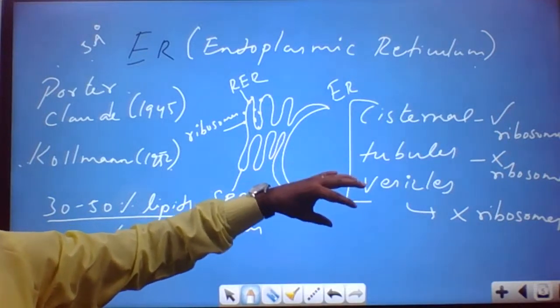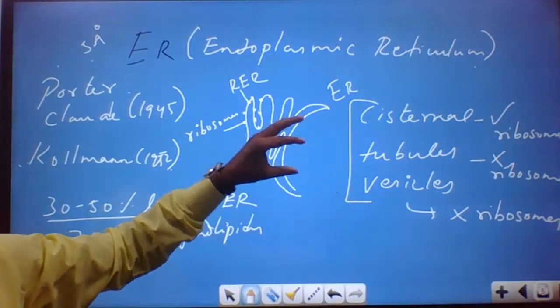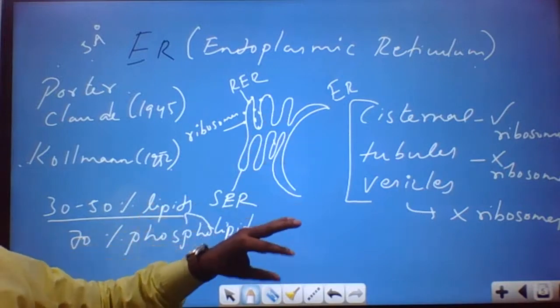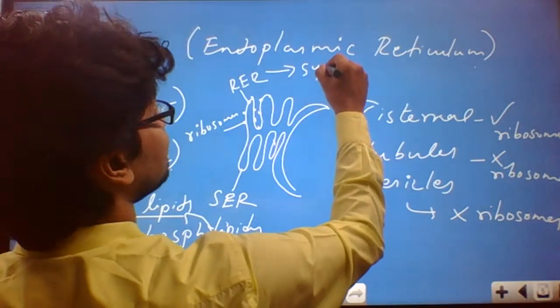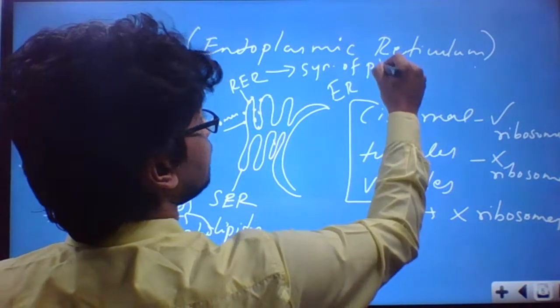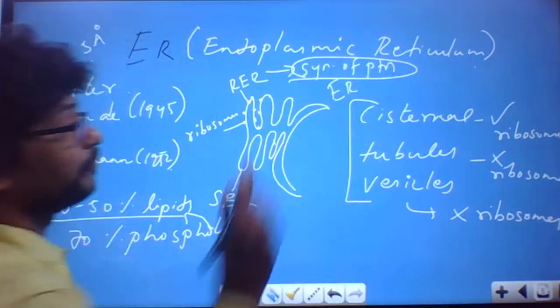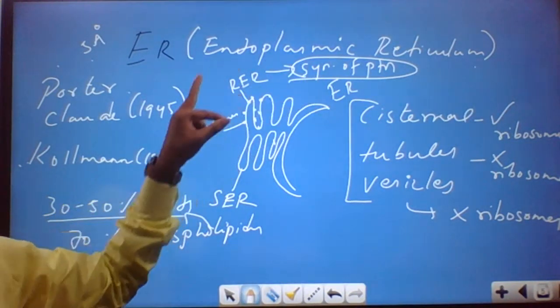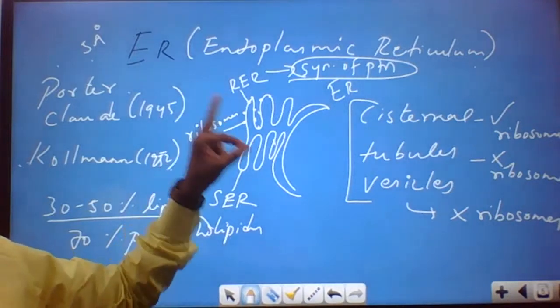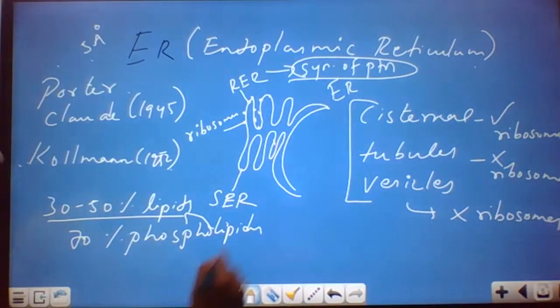Coming to the functional area, the smooth endoplasmic reticulum and rough endoplasmic reticulum play very important roles. More specifically, the rough endoplasmic reticulum is responsible for the synthesis of protein. The smooth endoplasmic reticulum is responsible for synthesis of lipids and steroids.